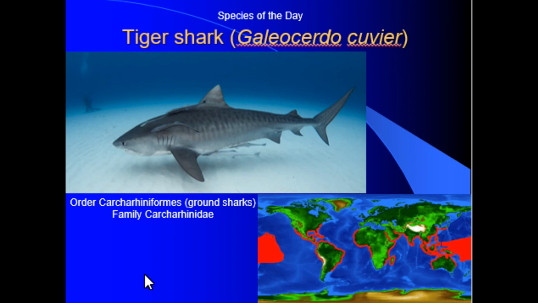Anyway, tiger shark, very interesting. They get to be about 18 feet long, and are one of the top 3 species that people are interested in in terms of interactions with humans, getting bitten once in a while, with the white shark and the bull shark being the other 2, the tiger shark being the third one.